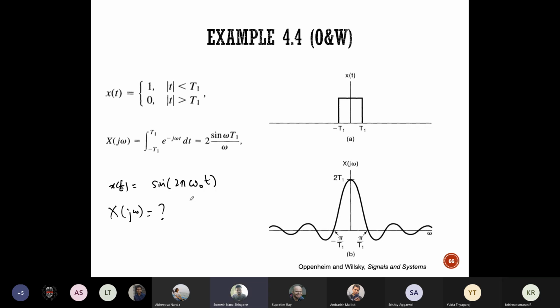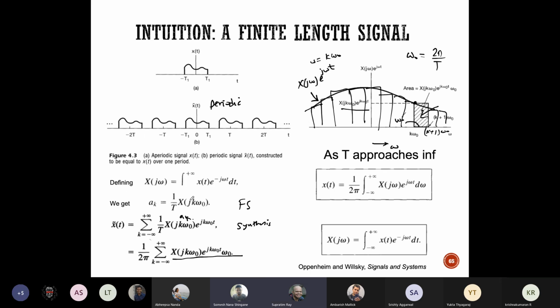Not so sure, but I can just say that if we try to take the integral, the limits will be like 0 to 2 pi. No, there's no 2 pi here. This is the Fourier transform, it's minus infinity to infinity. Okay, so no, let me try again.